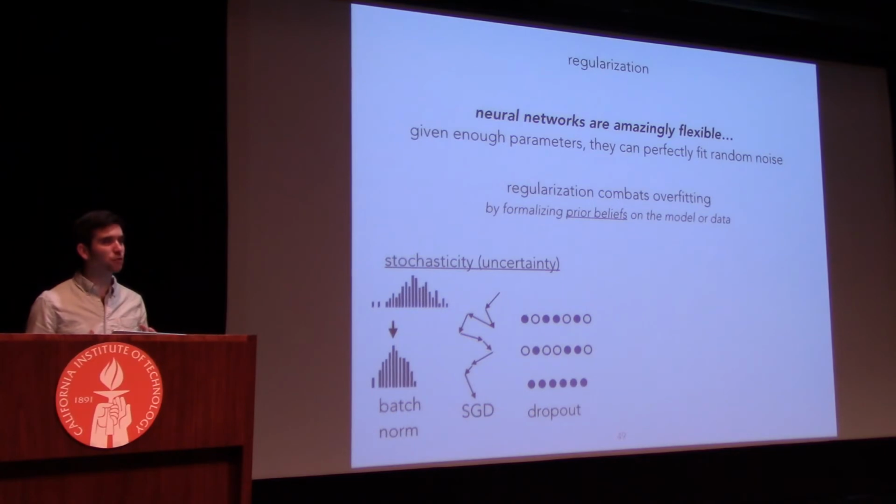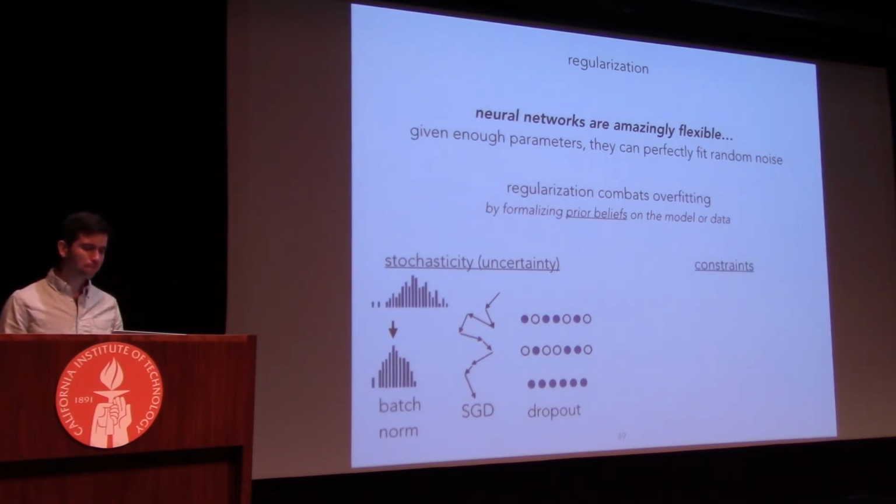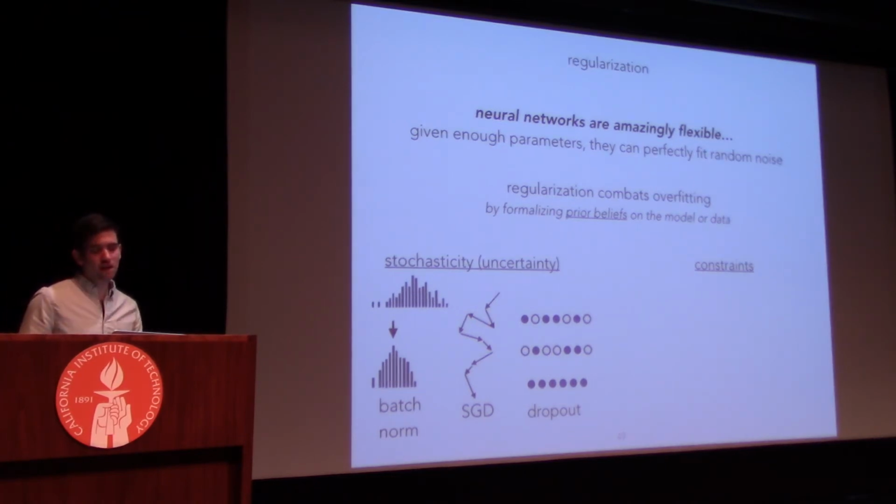And so it can't overfit and use all of its weights. It has to find solutions that force it to generalize a little bit more and find more independent filters. The other flavor of regularization I think of as constraints.